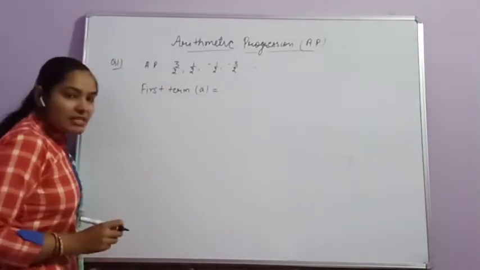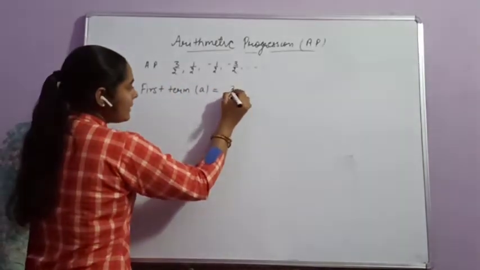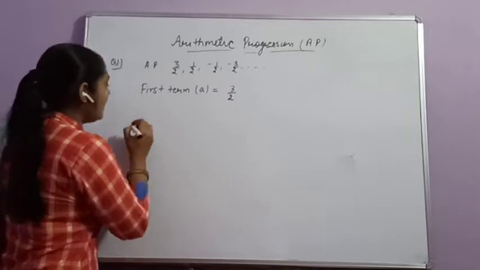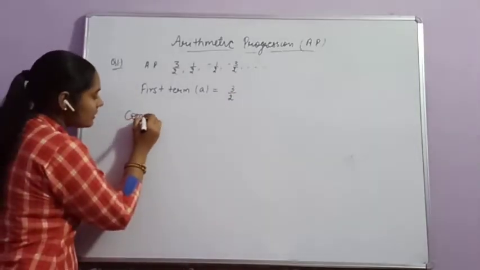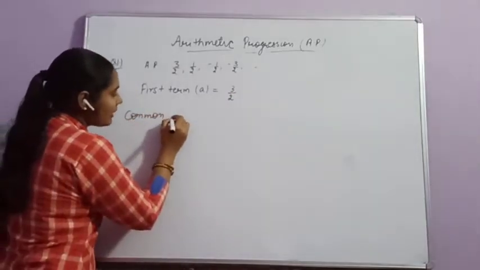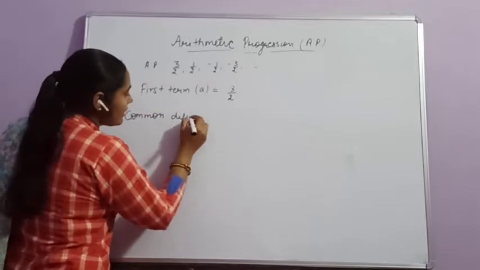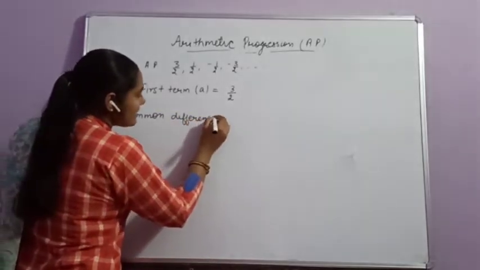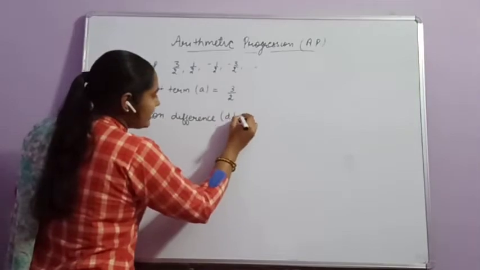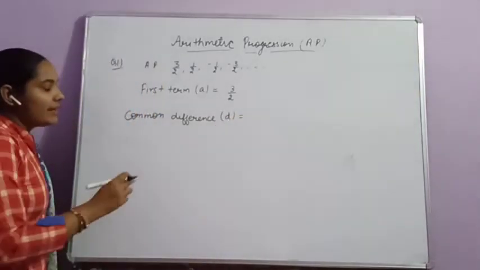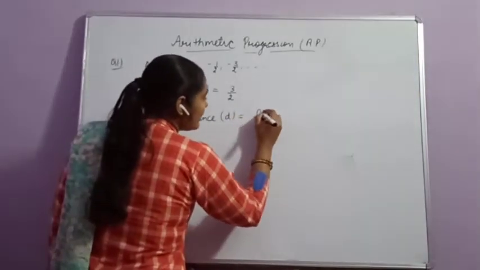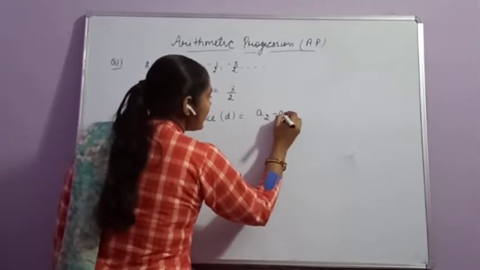Here first term is 3 by 2. Clear? Now we have to calculate common difference. Common difference is represented by small d. That will be equal to a2 minus a1.